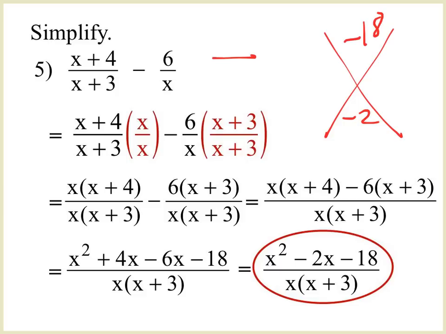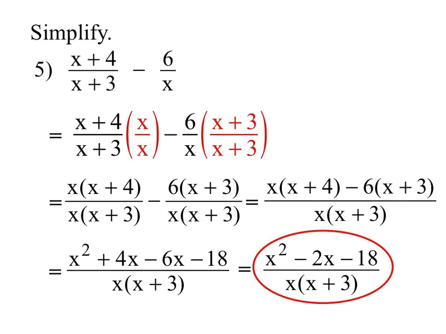Any of the factors of 18, 1 and 18, 2 and 9, 3 and 6, none of them add or subtract to 2. So that's where we know we have to stop. There's no more simplifying that we can do. And x squared plus 2x minus 18 all over x times the quantity of x plus 3 is our final answer.